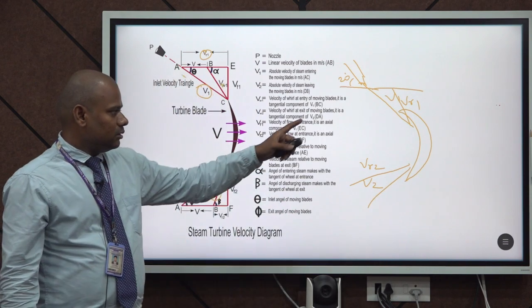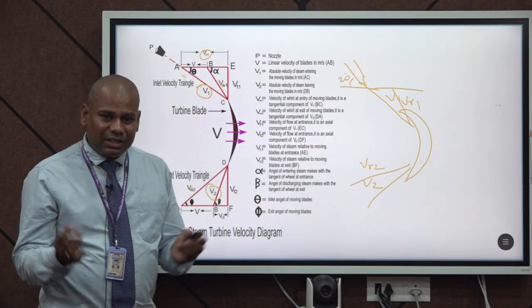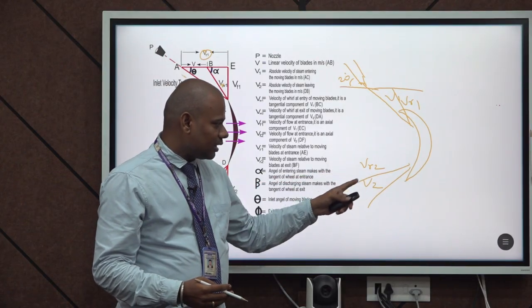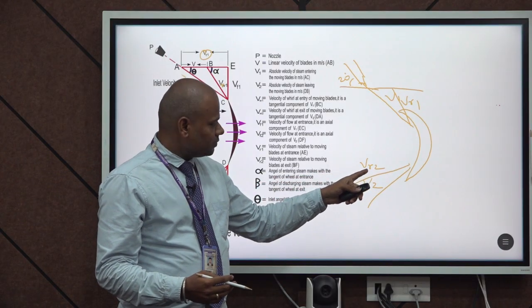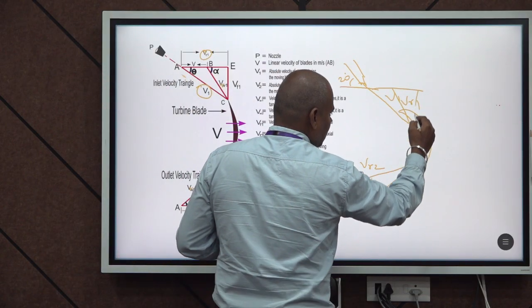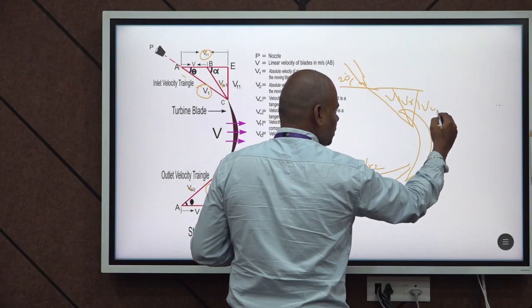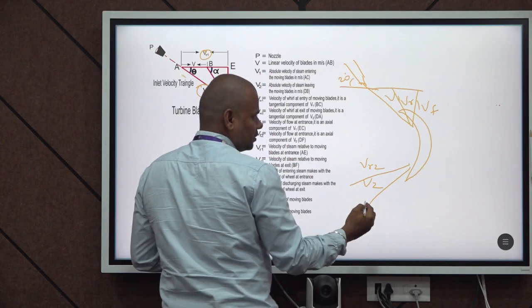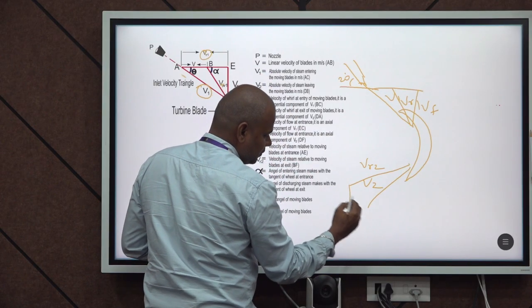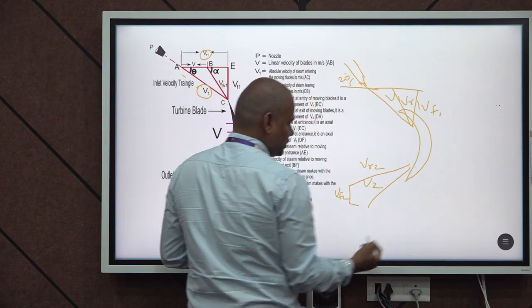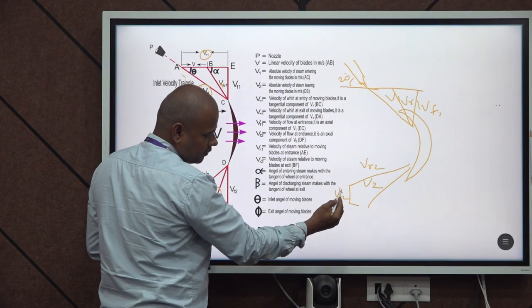The tangential component, the whirl velocity, is denoted as VW, and the flow velocity is VF1 at the inlet section and VF2 at the outlet section.